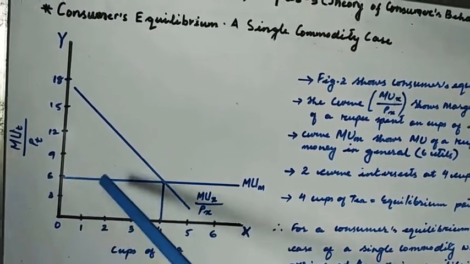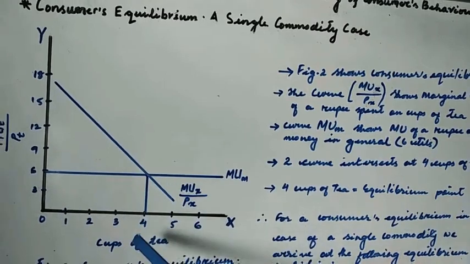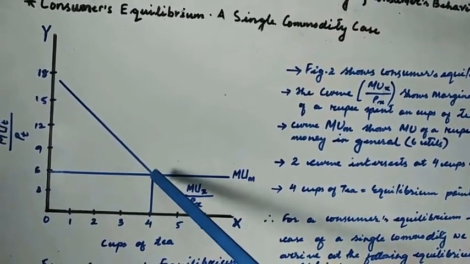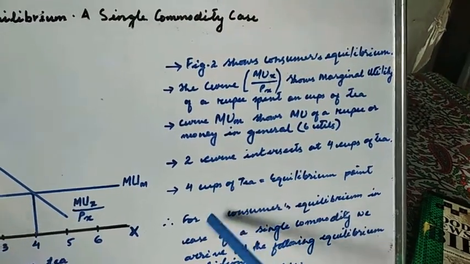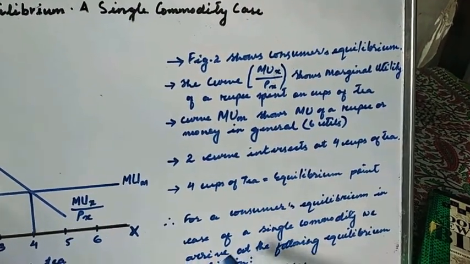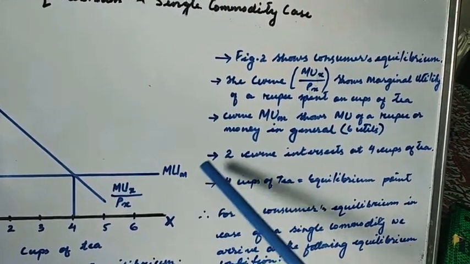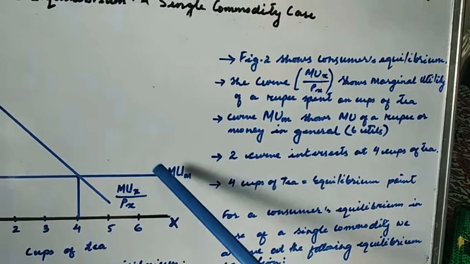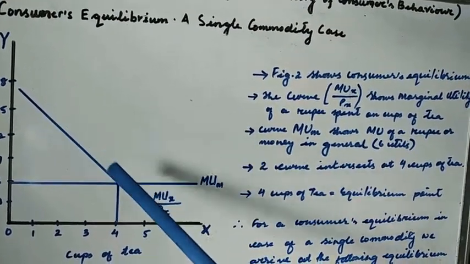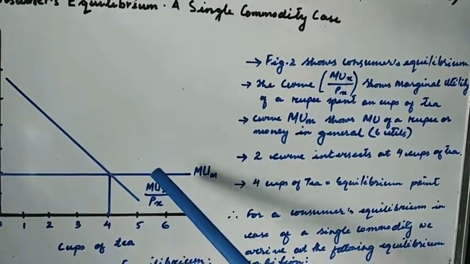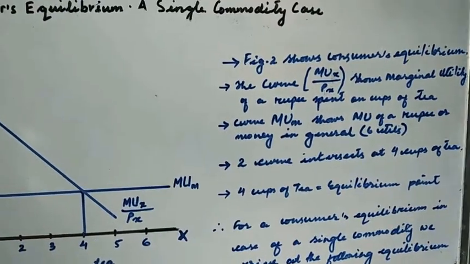So 4 cups of tea is considered the equilibrium point because your assumed marginal utility of a rupee in general is intersecting the marginal utility of a rupee spent on a cup of tea at 4 cups of tea. They are intersecting each other.